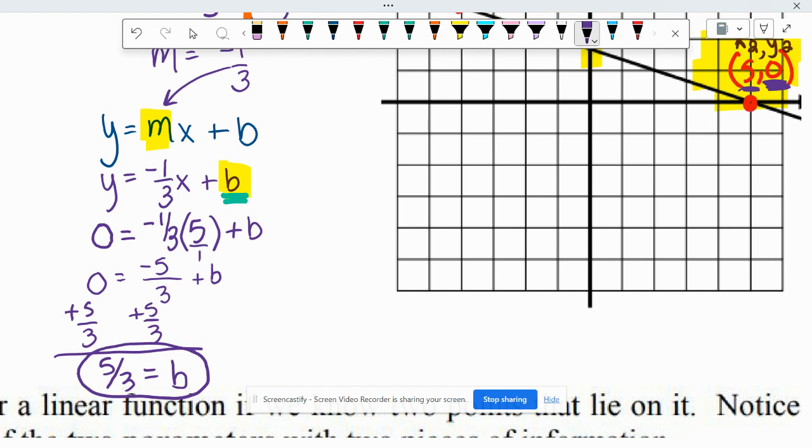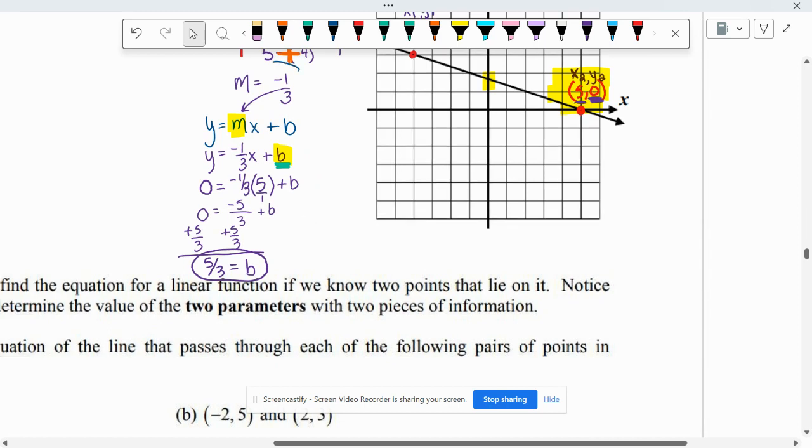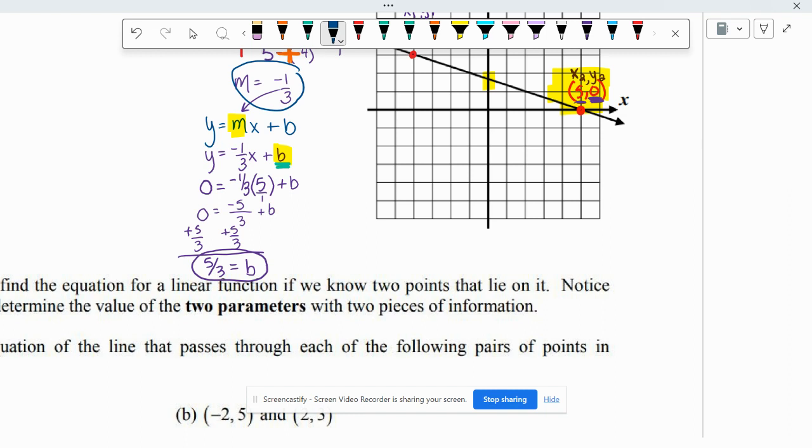So now I have all of the information that I need to write an equation in slope-intercept form, because I know that my slope is negative 1/3 and my y-intercept is 5/3. So y equals negative 1/3, that's my slope, times x plus b, which is 5 over 3.